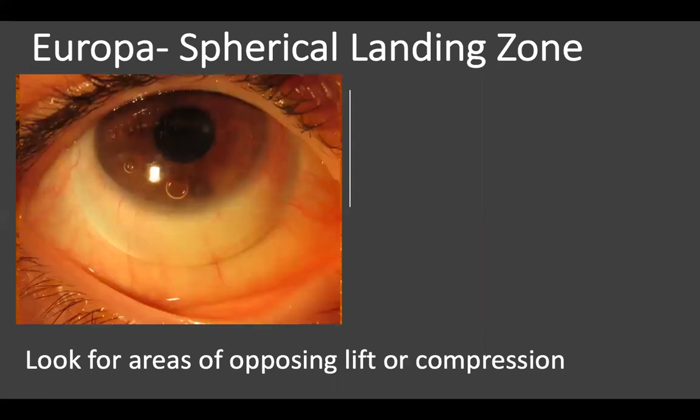When we look at the inferior quadrant, we get the same pattern, inferior lift and horizontal compression. En la parte inferior se nota un levantamiento del borde y esto es en la parte inferior del lente, ¿verdad? Se nota también la compresión en los cuadrantes opuestos a nivel horizontal.